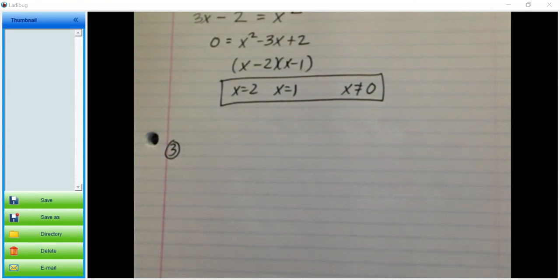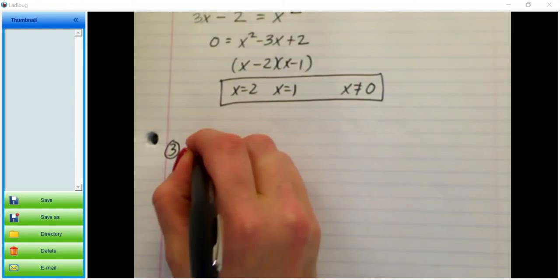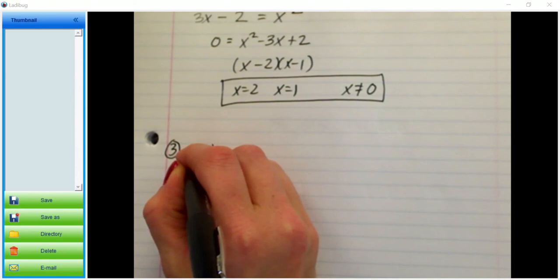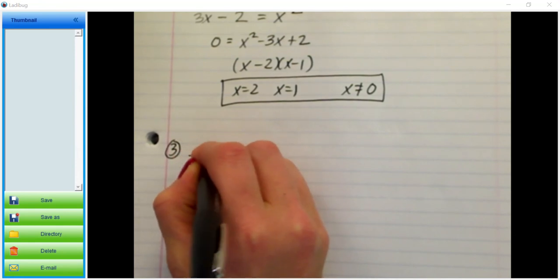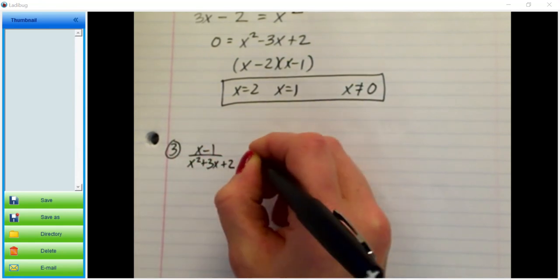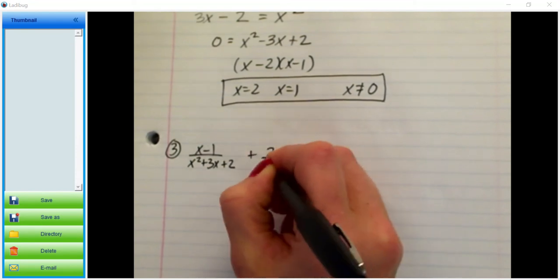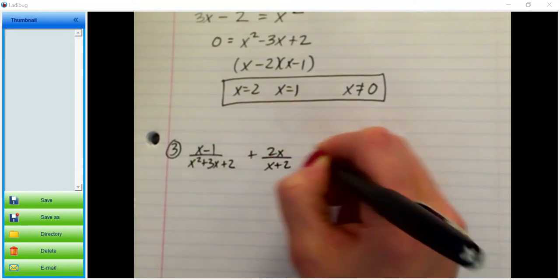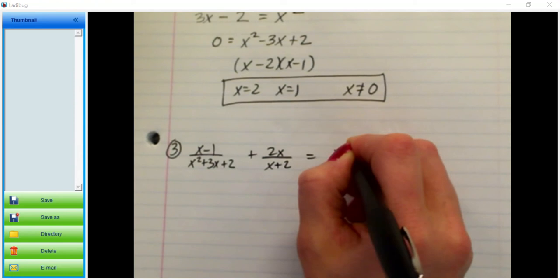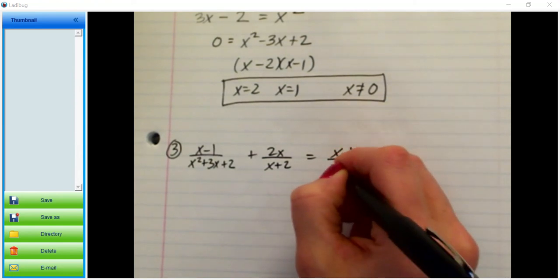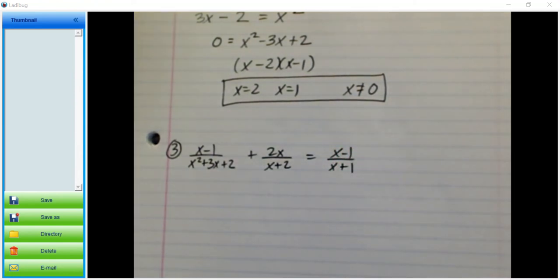Let's do this one. Let's see if we can get through this one before the bell rings. X minus 1, x squared plus 3x plus 2 plus 2x, x plus 2, x minus 1, x plus 1. Like, oh man, all right, you just threw it up there. It's a lot more terms to look at.